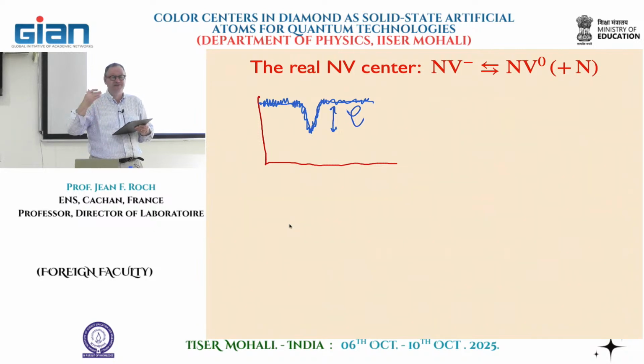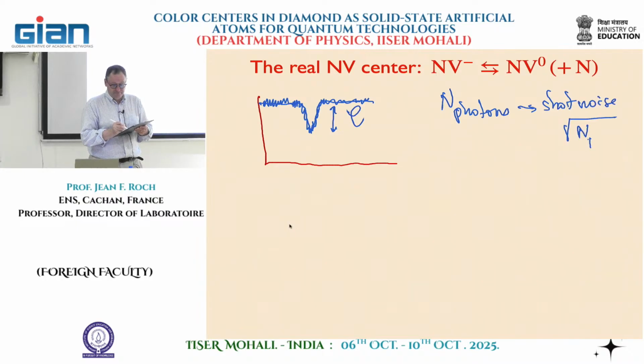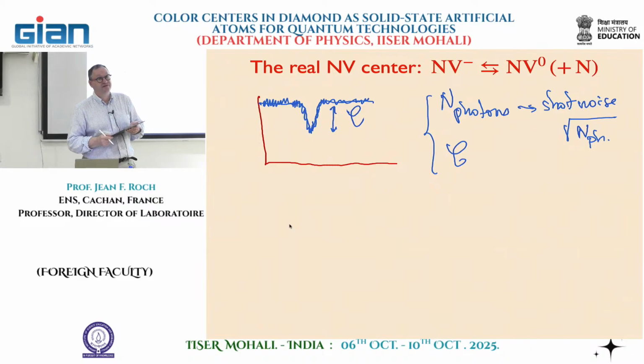You register a given number of photons, n photons, during your measurements. So you have the shot noise associated, which is the square root of n photons. And then the other important parameter is the contrast.